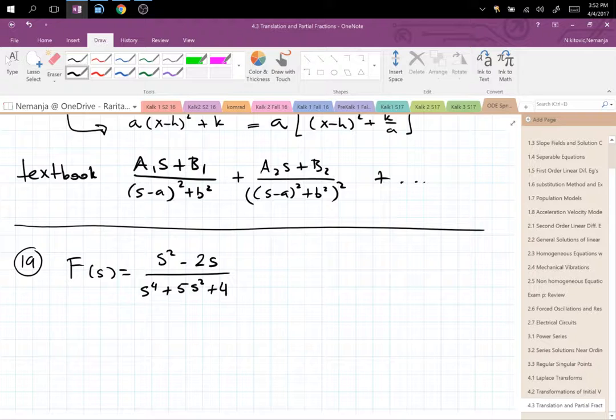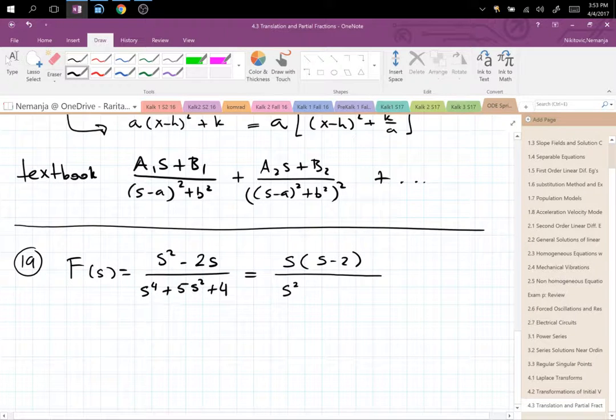So now, partial fraction decomposition, right? Well, first we have to factor everything that we can. So before I do this, I'm going to say s minus 2, because some stuff might cancel. And then the denominator is going to be s squared plus 4 times s squared plus 1.